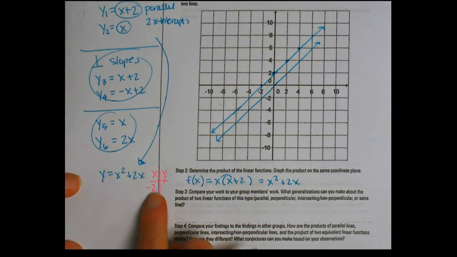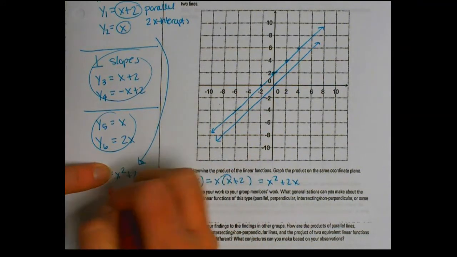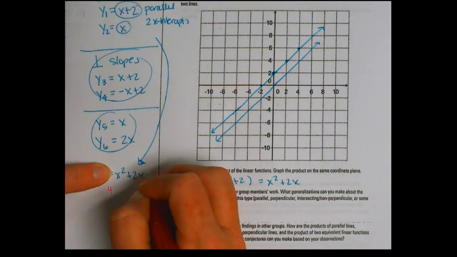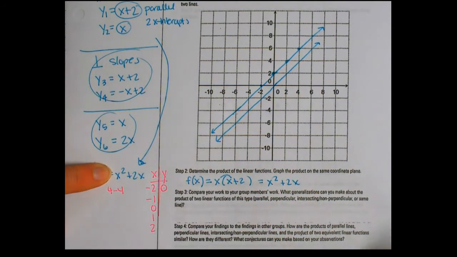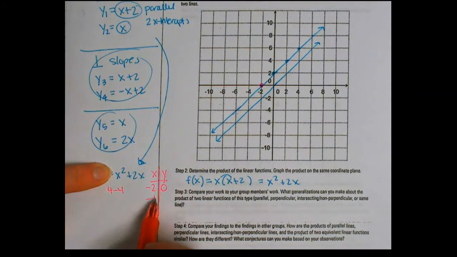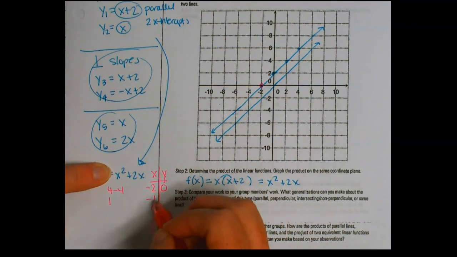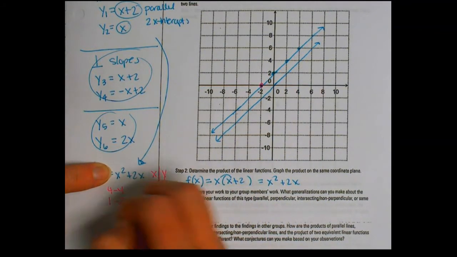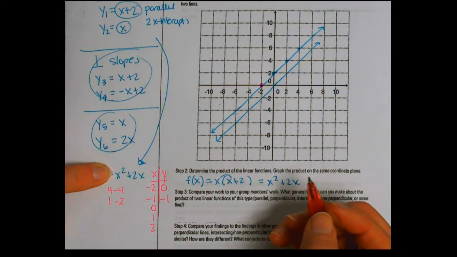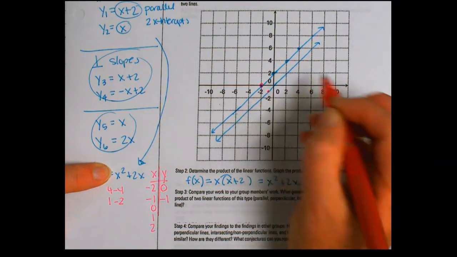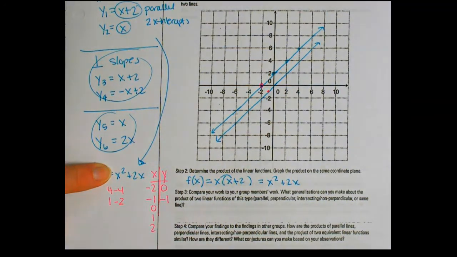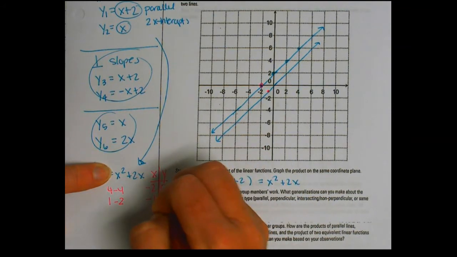So if I plug in -2 into my function, I get 4. -2 times 2 is -4. That's going to be 0. So that's one dot. I'm going to do it in pink so I can see it. -1 squared is 1. -1 times 2 is -2. So this will be -1. Now I have 0. 0 will be 0.